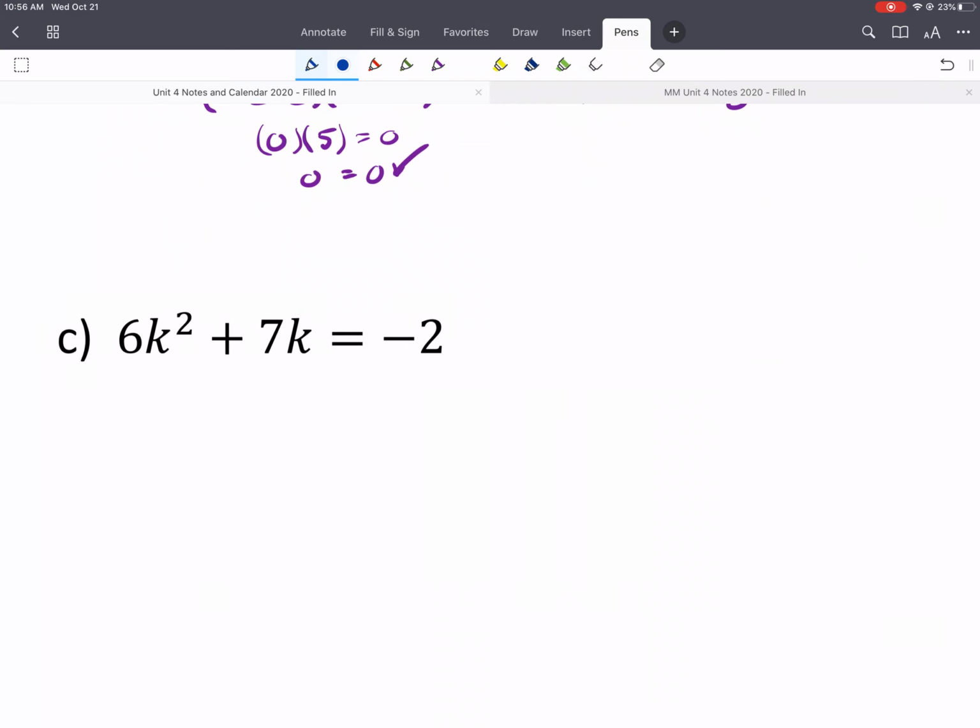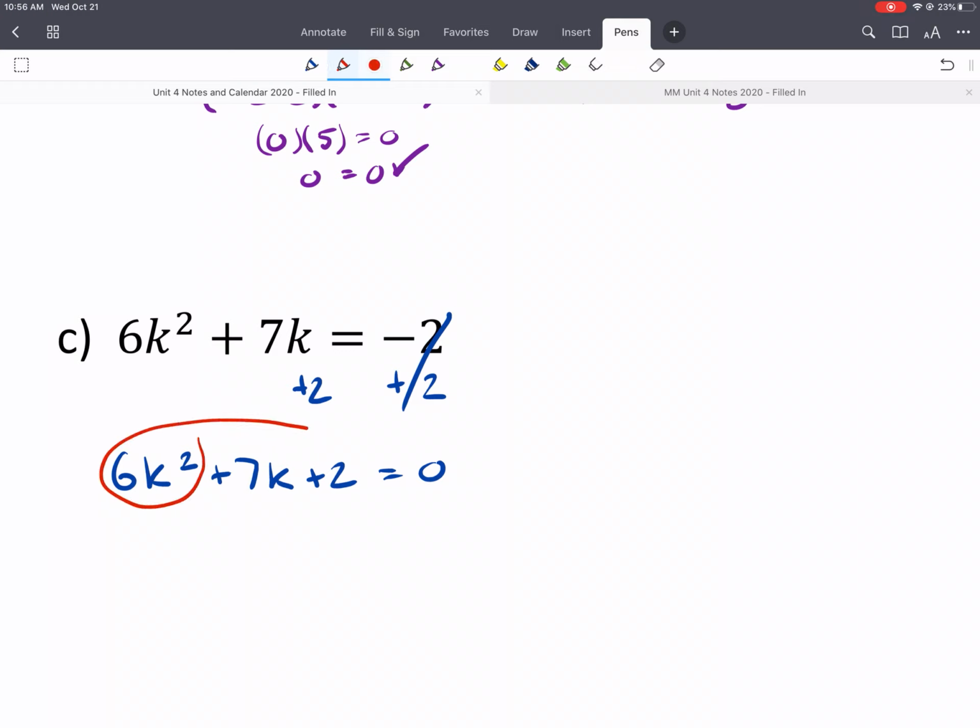So here is an example where it's not all on one side. We'd need to add 2 to both sides. We want to check for greatest common factor. If not, we'd go straight into glasses. 12k squared needs to multiply to give us 7k.